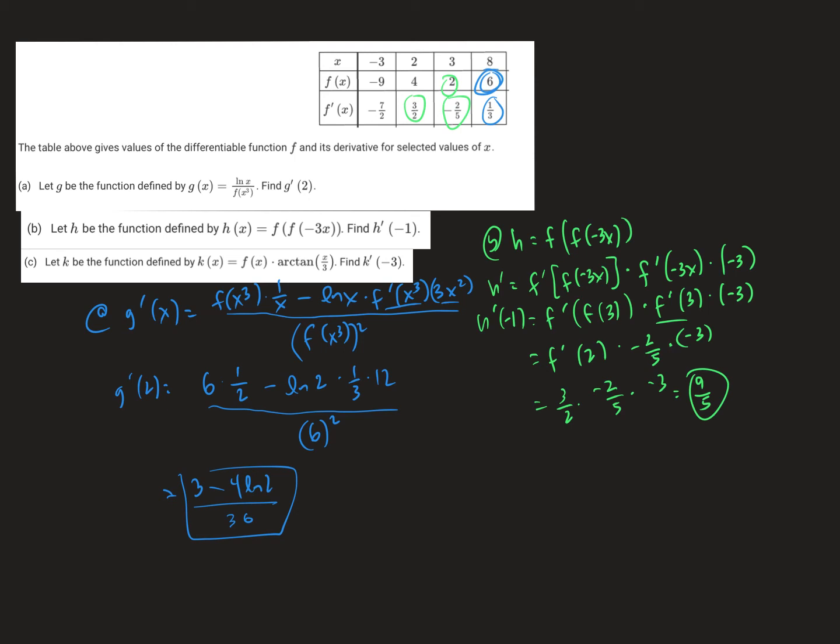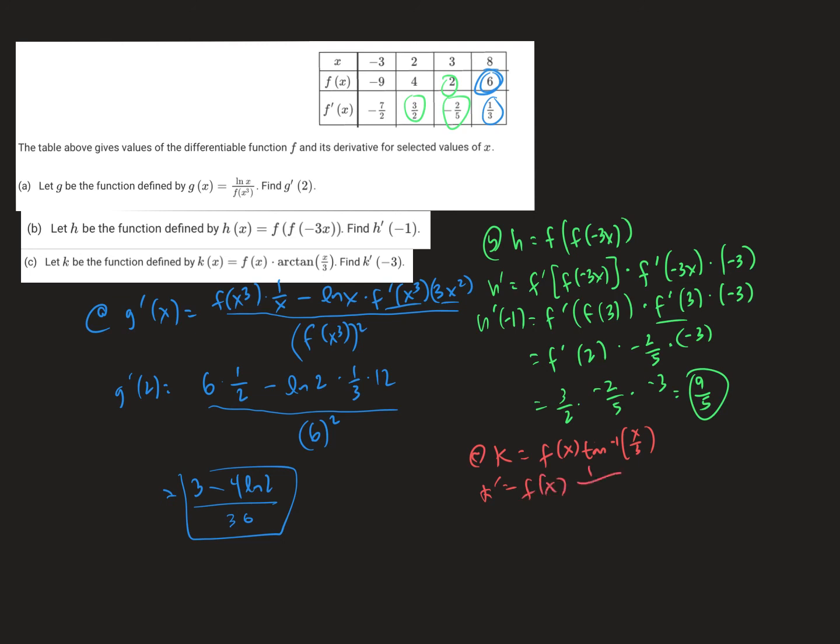And then part C. Let the function be a different k. And again, we're just going to start by taking the derivative. Oops, that's supposed to be a times, not an equal to arctan, which, by the way, you know is the same as inverse tangent of x over 3. So we're going to start with the product rule first, times the derivative of the second.